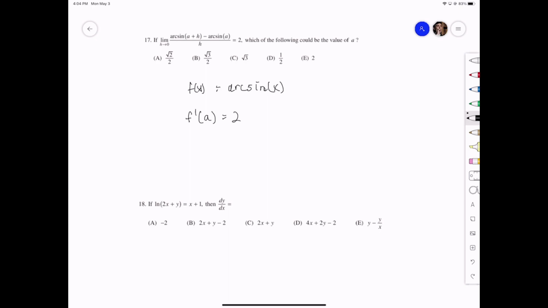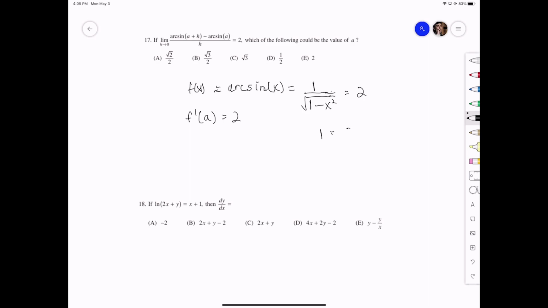So this is actually a good time. This is where it's good to know the derivative rules for the inverse trigonometric functions. So the derivative of arcsine is 1 over square root of 1 minus x squared. And we want that to be equal to 2.